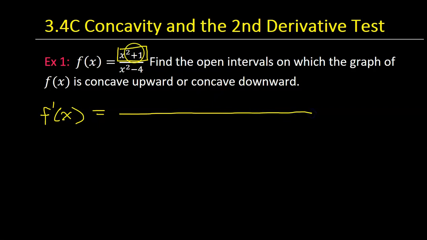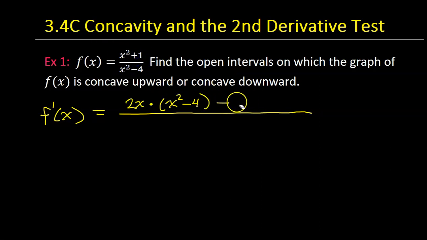So we'll do the derivative of the top, and that'll be 2x. And then you multiply that by the bottom function, which you don't do anything to yet. So we're going to multiply that by x squared minus 4. And for the quotient rule, you put a subtraction here in the middle.